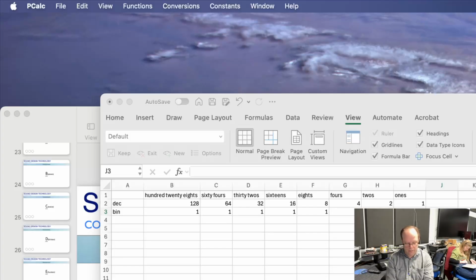I've got 128, one of those. Plus a 64. Plus a 32. Plus a 16. Plus an 8. Plus a 4. Plus a 2. Plus a 1. 255.